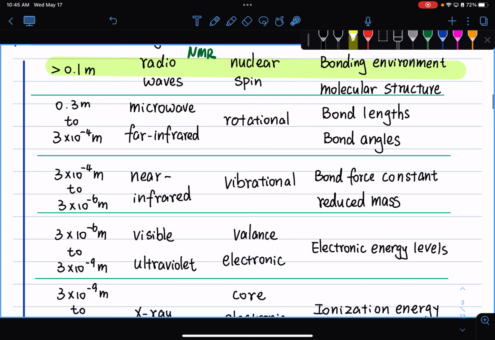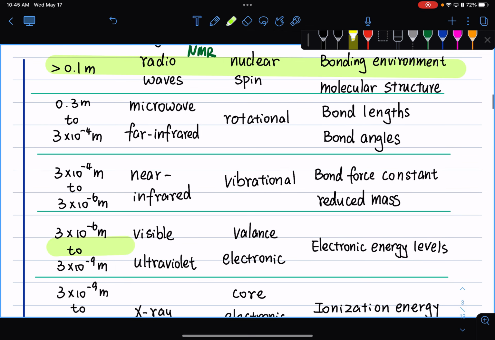Also, we have been talking about the UV-vis spectroscopy. Remember UV-vis, now we're increasing the energy level of the laser we're using. We're using higher energy to excite my valence electrons, right? We're moving the electrons from the HOMO to the LUMO.